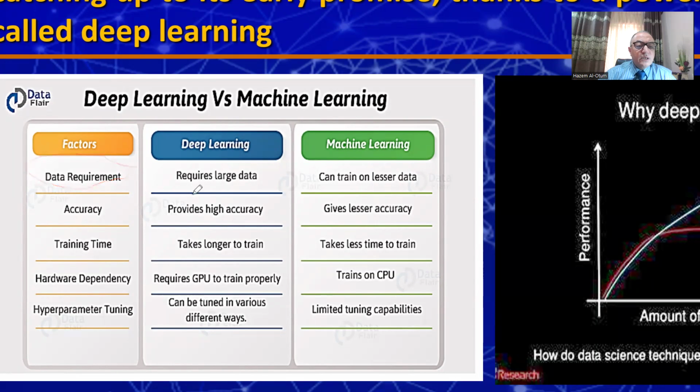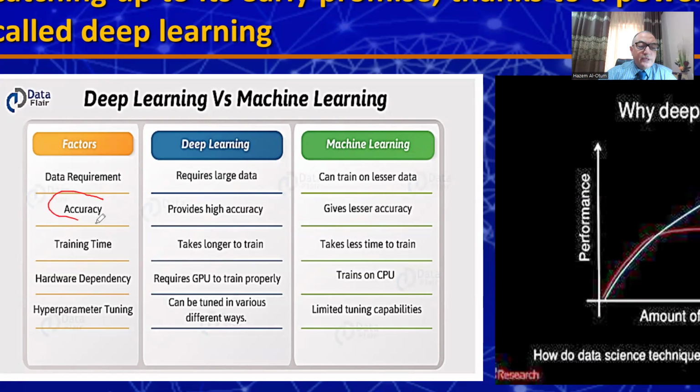Deep learning requires large data, so it requires a large memory and strong processing units, while for machine learning, this can be done easily. So this is, let's say, a sort of disadvantage of deep learning when we need large data for processing and for performing our system.